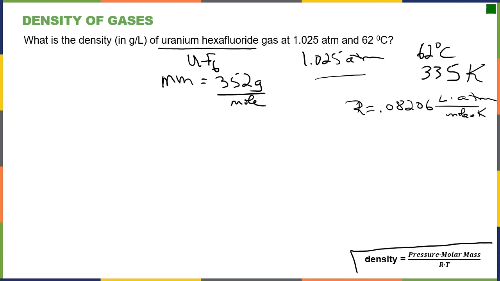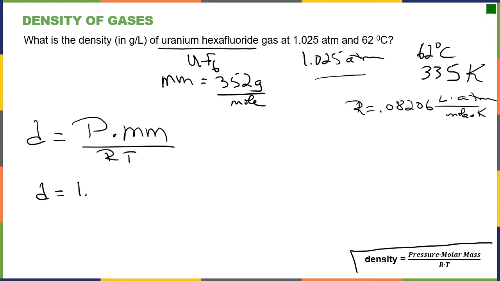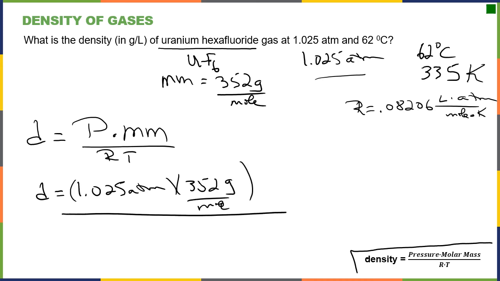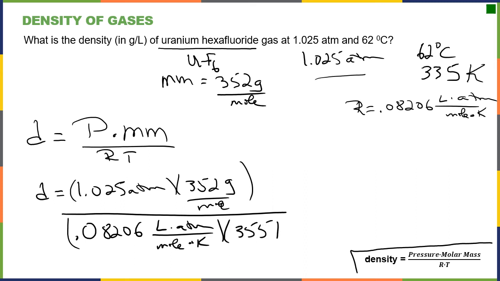All right, so our equation is D, our density, is the pressure times the molar mass over RT. If we plug this in, our density is 1.025 atmospheres, multiplied by the molar mass, 352 grams per mole, divided by the R, 0.08206 liters atmospheres per mole Kelvin, multiplied by our temperature here, which is 335 kelvins.